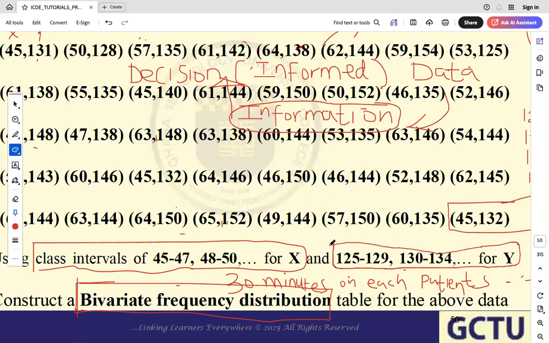Whenever you see the three dots, it means you are not done. Continue the class intervals. So the question is, if we start from 45 to 47, where are we going to end? Because the question says we should form the class intervals. Where are we going to end?